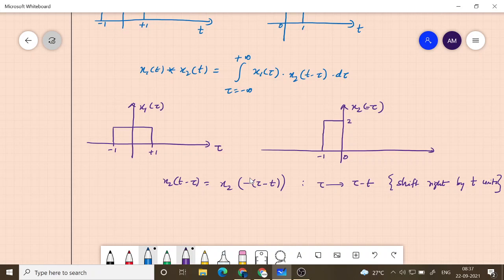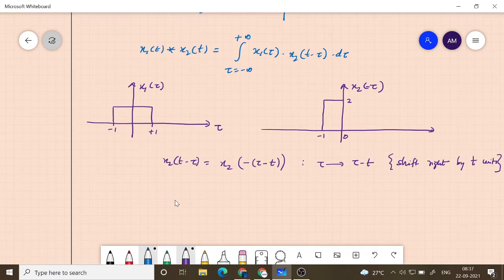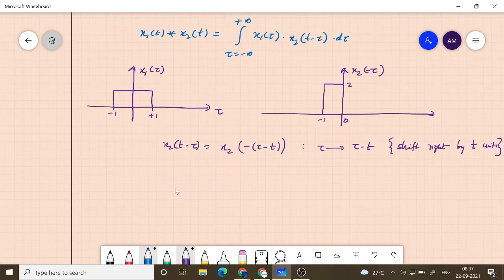Depending upon the value of t, I'm going to divide it into various cases. Case 1, let's say that t is less than minus 1. So that means I have to shift x2 of minus tau by minus 1 or more to the left.